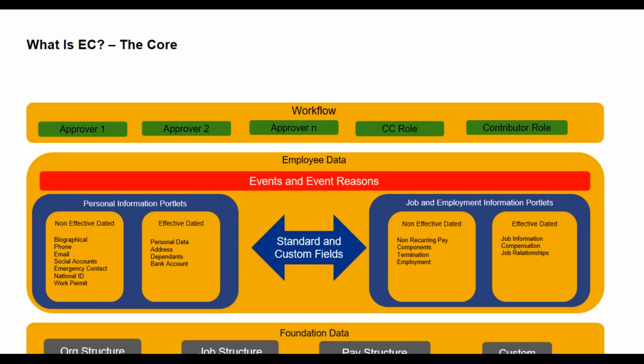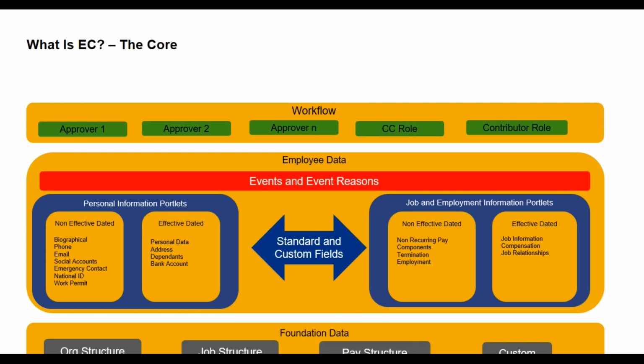When you change personal information, you may want HRBP or HR approval. When you move an employee from one location to another, you may want 5 levels of approval. When you promote an employee, you may want 2 levels of approval. Different processes can contain different workflows, and any levels of approvals can be included.